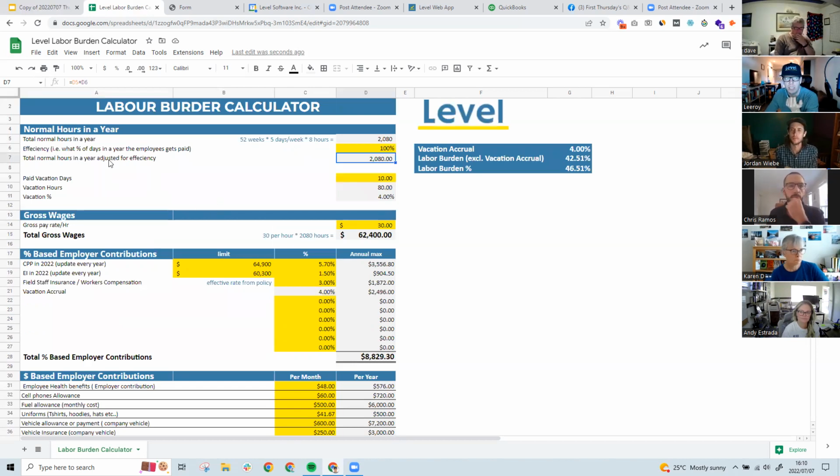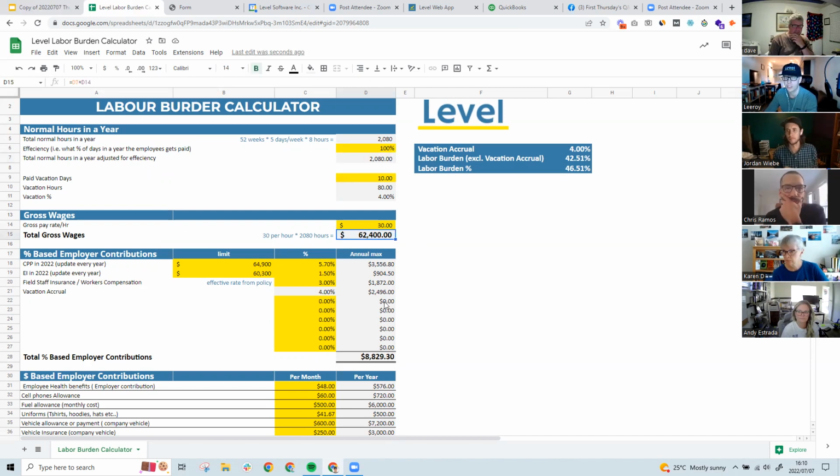I could actually quite easily add an overtime here, but the thing is, once overtime kicks in, then effectively you've got more hours that this employee is working within a year, and you have to come up with an idea of how many overtime hours you expect this to be, and then see how it impacts your gross wages.